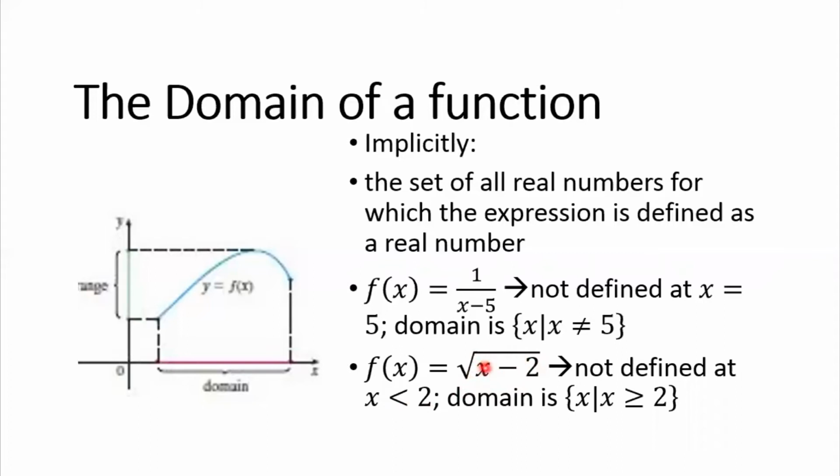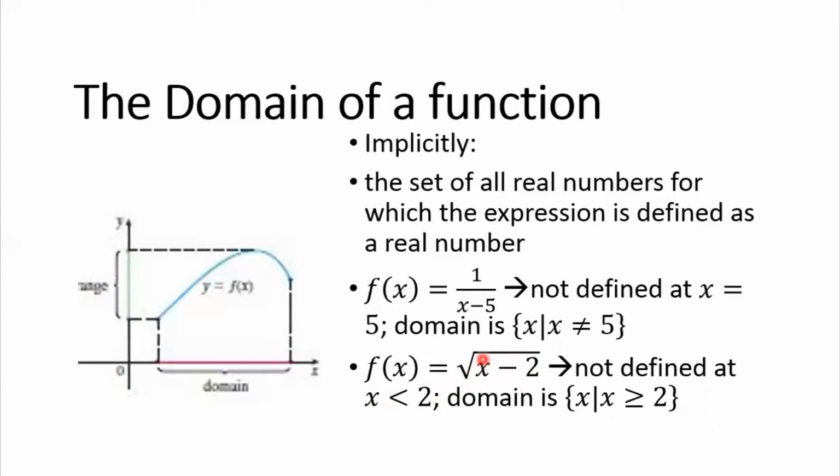And if it is negative, that means we can have an imaginary number, so we cannot have a real number. Therefore, in the real number system, this one is not defined if x is less than 2. For example, if x is 1, then we substitute 1. So we have square root of 1 minus 2, which is square root of negative 1, which is not a real number.